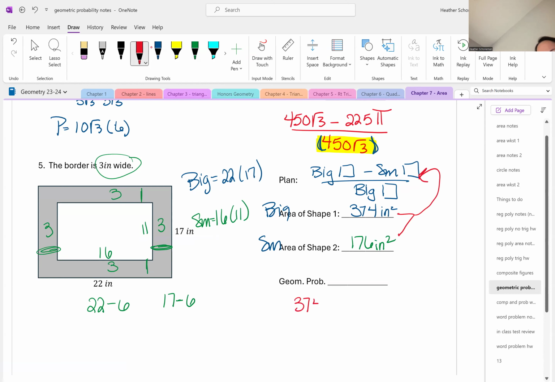So the big is 374 minus the small 176 divided by 374. This right here, plain old number, no parentheses necessary. So 374 minus 176 divided by 374, and that gives us 53%.